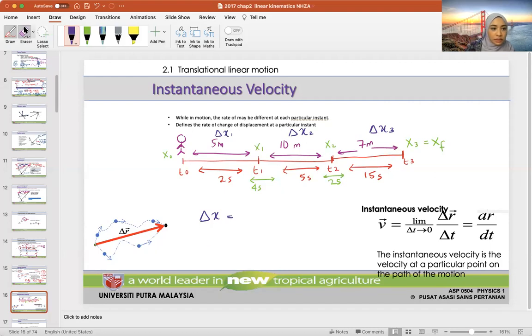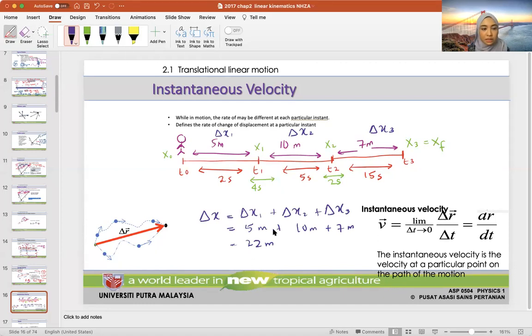Okay, so I can say delta x is equal to delta x1 plus delta x2 plus delta x3, which is 5 meter, 10 meter, 7 meter. This is 22 meter. This is the displacement.